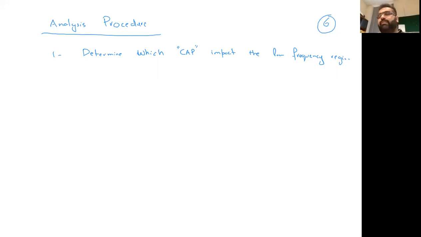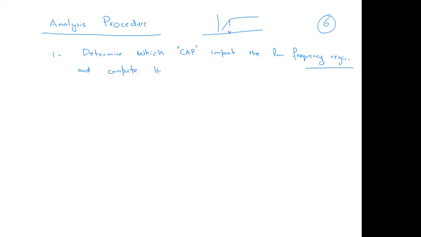We will see another example of a source degeneration blocking capacitance, but at this moment we will see which capacitances ultimately affect the low frequencies. These are the capacitances with high-pass characteristics. Then we want to compute the low frequency cutoff, your high-pass cutoff.